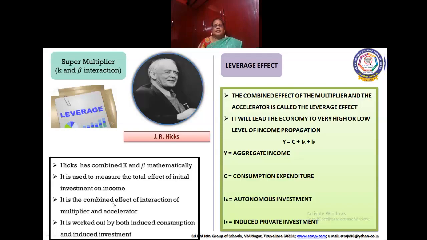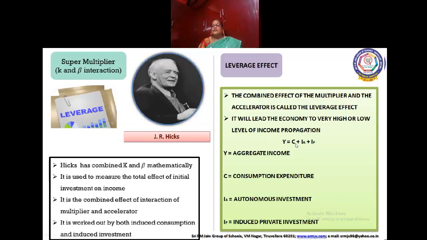It is the combined effect of interaction of the multiplier and accelerator, worked out by both induced consumption and induced investment. The combined effect of the multiplier and the accelerator is called the leverage effect. It will lead the economy to a very high or low level of income propagation.